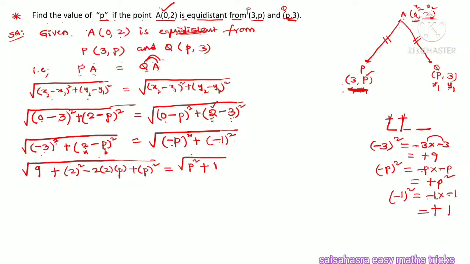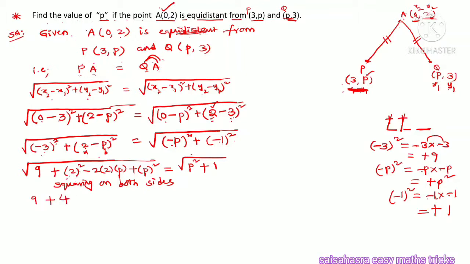The opposite of square root is square, so squaring on both sides. If you apply square on the left side as well as the right side, the square and root get cancelled, so what is left? 9 plus 2 square is left, that is 4 only.